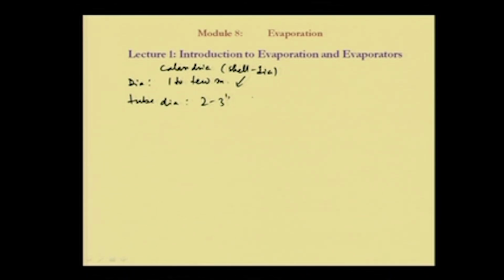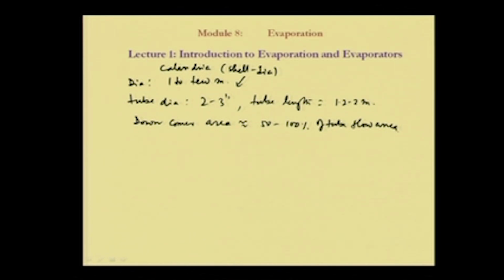Okay. And the tube length is usually 1.2 to 2 meter. Okay. And the downcomer area is nearly 50 to 100% of the tube flow area.